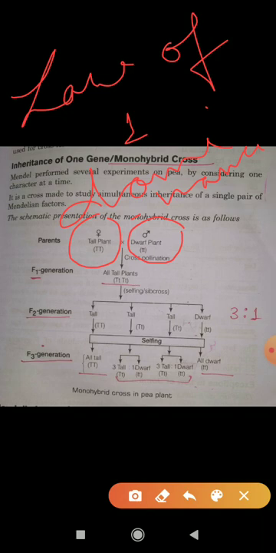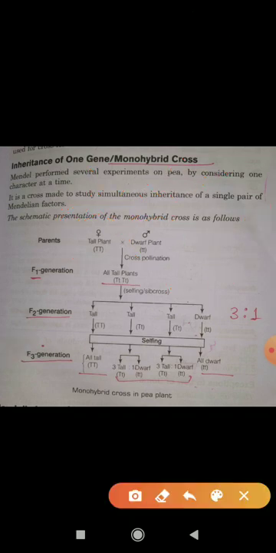Now if I write it in this way, cross between them, what types of gametes will be produced? Small t, capital T. Try to understand it.